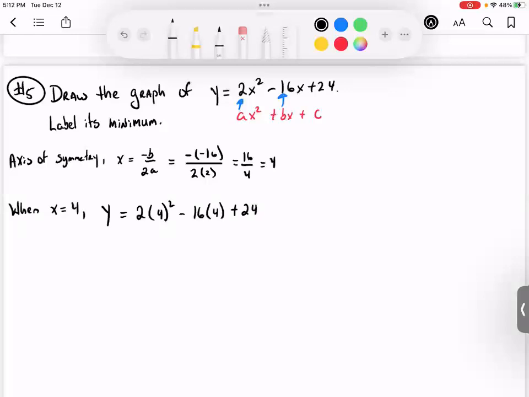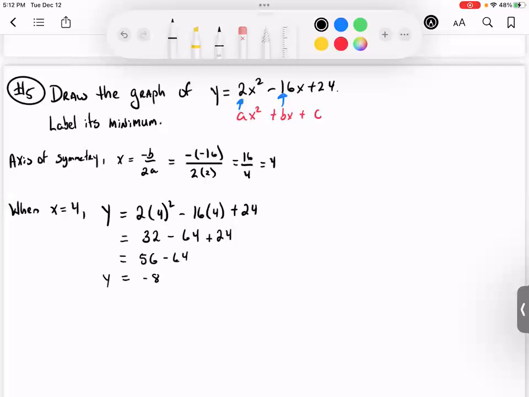So 4 squared is, no, 4 squared is 16, but 16 times 2 is 32. Negative 16 times 4 is negative 64, and then you have the positive 24. If you work this out, 32 plus 24, you can take care of that first. That would be 56. 56 minus 64 is negative 8.